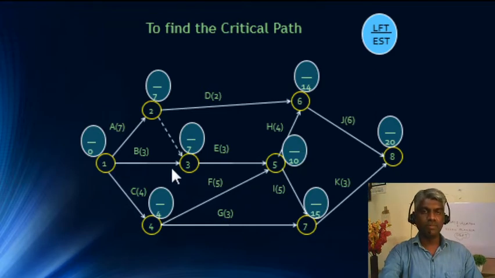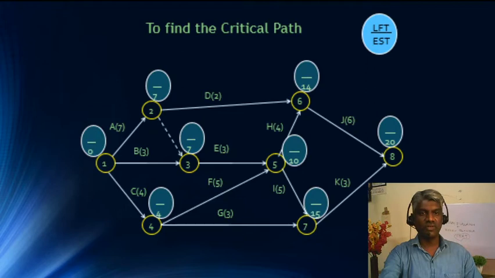So we are going to compare 3 and 7. When we are moving forward, we are going to take the maximum value. So we are going to take the maximum value, which is 7. And in the fourth node, there is only one activity ending. So straight away we can add the earliest start time of the previous node and the duration of the activity C.